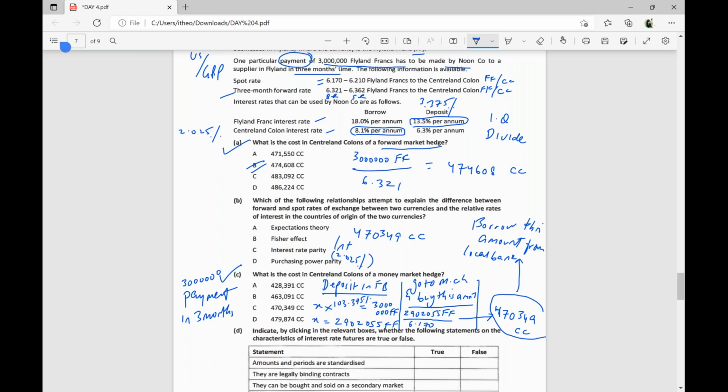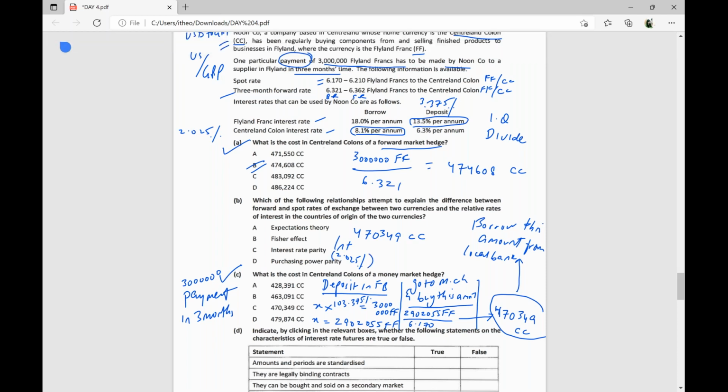The interest in CC would be 9524, and the final answer will become 479,873.